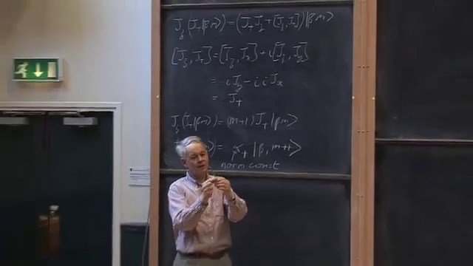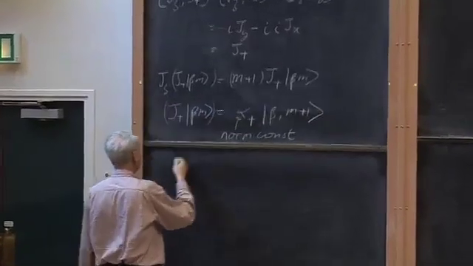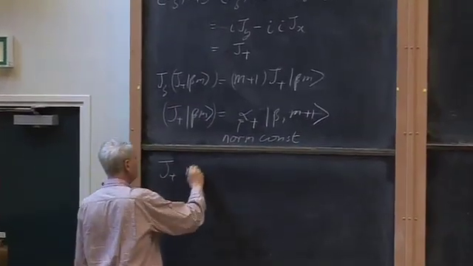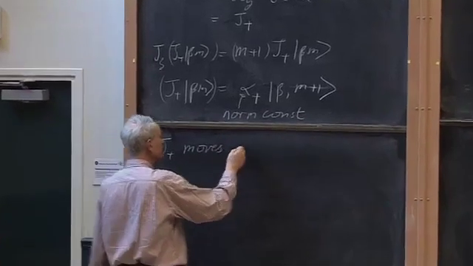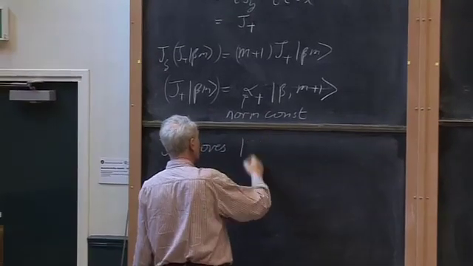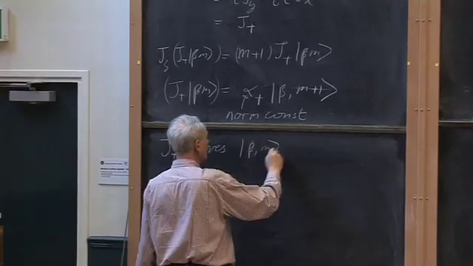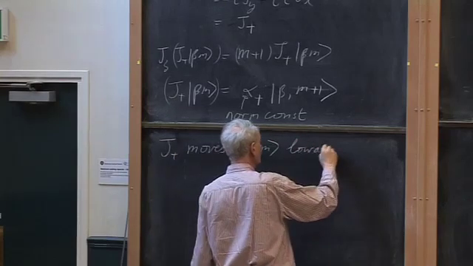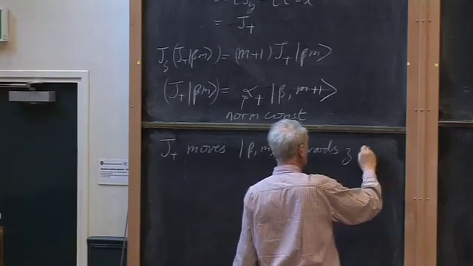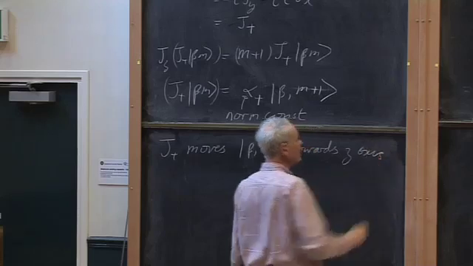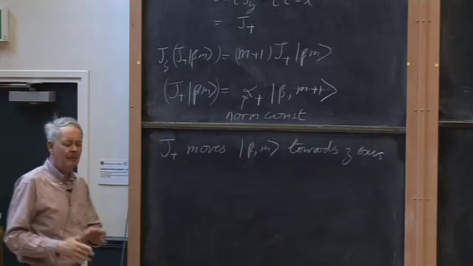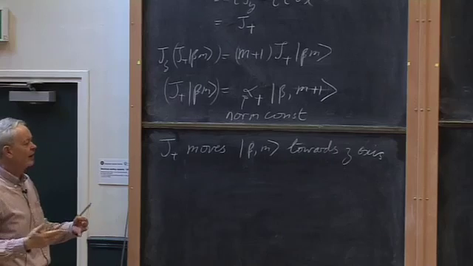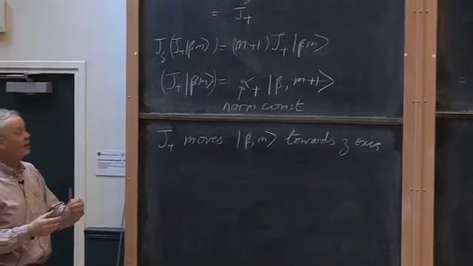That's what J plus does. It realigns the angular momentum that you've got. Strictly speaking, it makes you a new state, and this new state has the same angular momentum as the old state, but more of it is parallel to the z-axis.